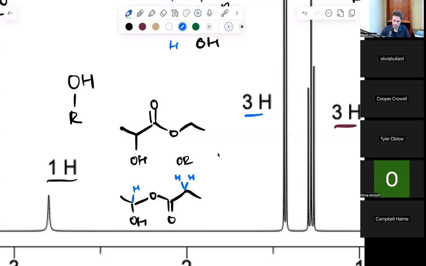If it's this bottom structure, I would expect this left hydrogen to be really far downfield, right? It's directly connected to a carbon connected to 2 different oxygens. I'd expect that to be way more downfield than these 2 hydrogens, which don't have much pulling them downfield. They're 2 carbons away from 2 oxygens instead of 1.